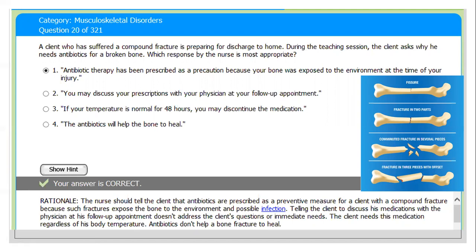So if a patient comes with a fracture like this, with a compound fracture, nursing care of a patient with a fracture includes the nurse instructing the patient regarding the proper method to control the edema and pain, because this kind of patient also complains of edema and severe pain.